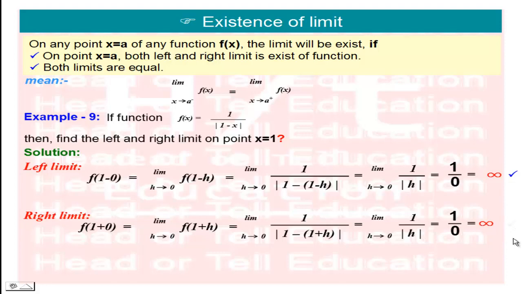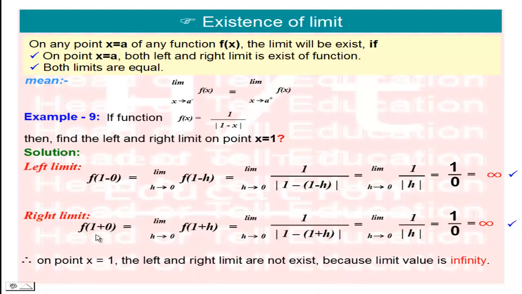So again we find the right limit is infinity. So here we have the left and right limits both infinity. But according to our condition, at the point x equals 1, the left and right limits do not exist because the limit value is infinity. Okay.